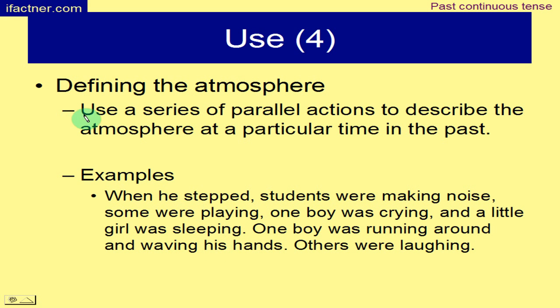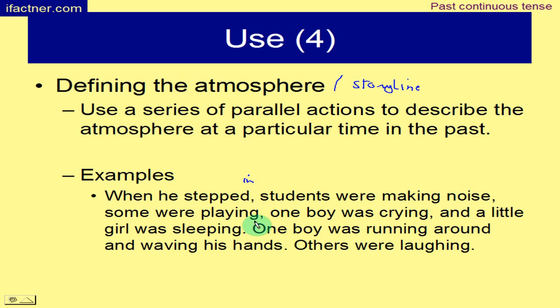We also use past continuous tense to define an atmosphere or a storyline. You may have observed that in the novels, things always start with the past continuous tense. For example, when we stepped in the class, students were making noise.